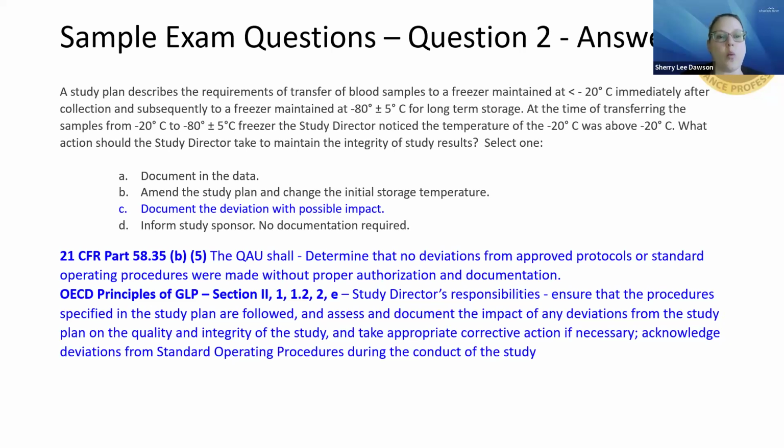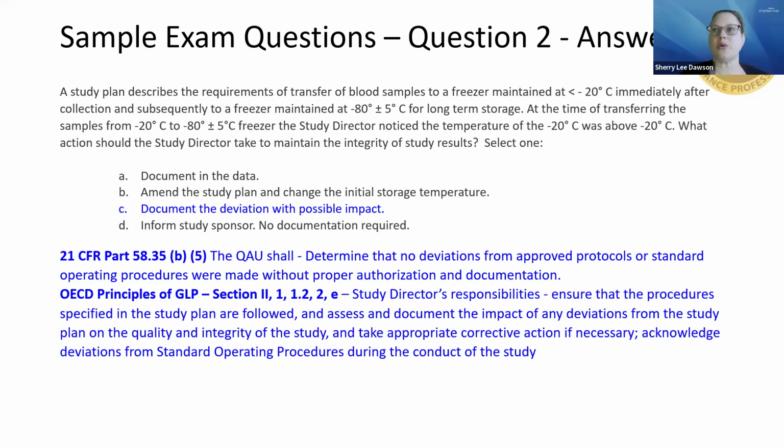Section 1.22e, study director's responsibility, ensure that the procedures specified in the study plan are followed and assess, document the impact of any deviations from the study plan on the quality and integrity of the study. All right, so amending the study plan and changing the initial storage temperature. Now, that is a potential option because sometimes there is going to be subtle variation.